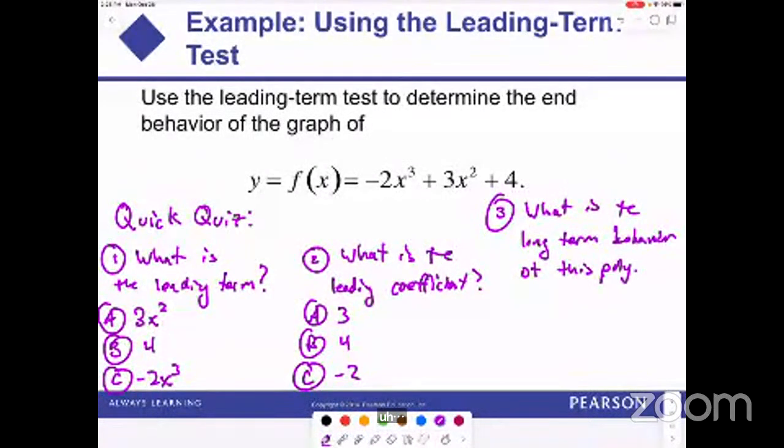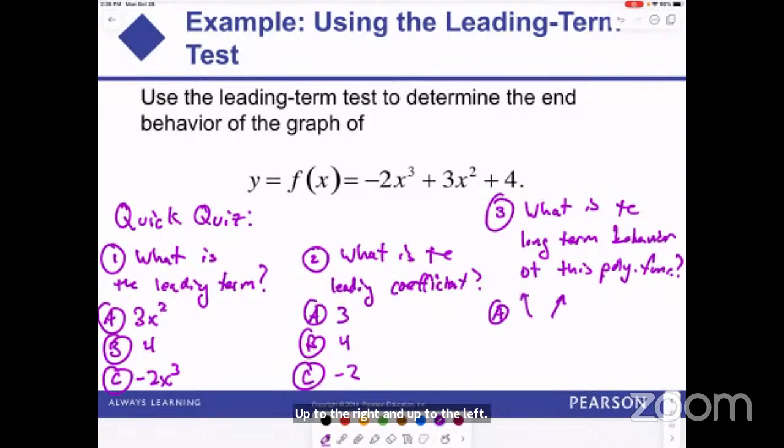A, up to the right and up to the left. B, up to the right and down to the left. C, down to the right and down to the left. Or D, down to the right and up to the left. Okay, that's our quick quiz.